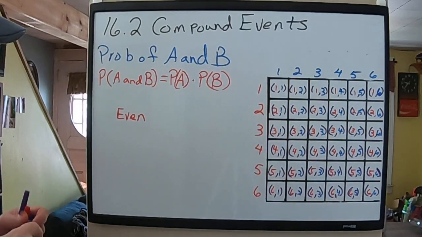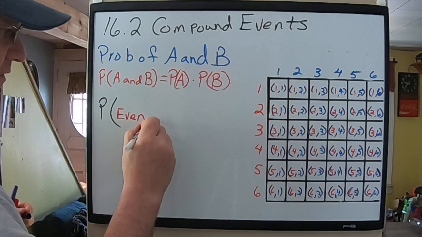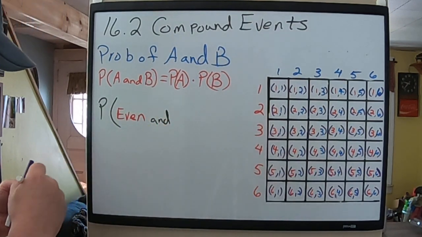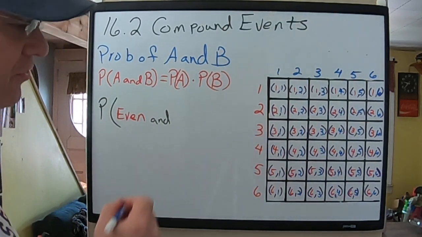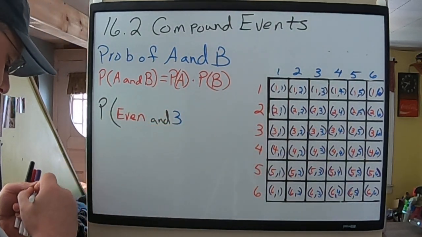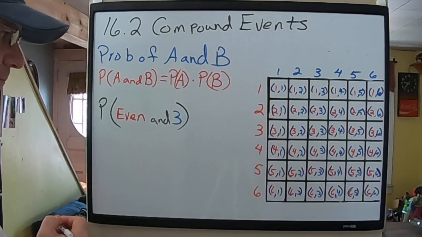So red even and the blue one is a 3. So what's the chances that that's going to happen?